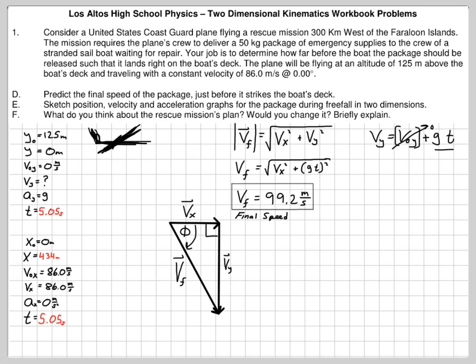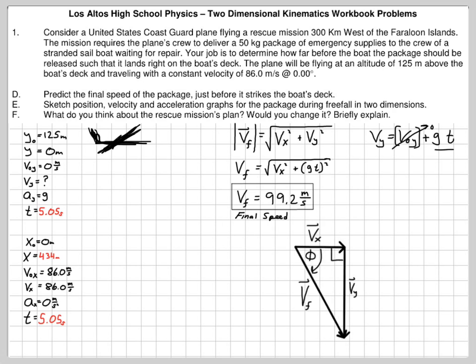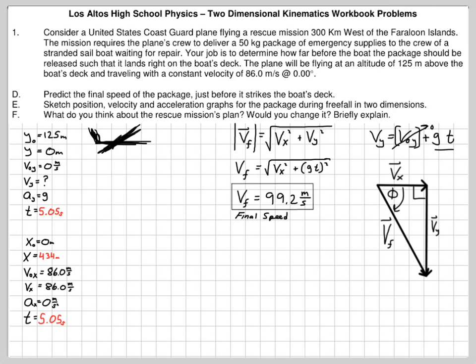Alright, so now I'm going to work on the kinematics graphs. So I'm going to move my velocity diagram over here and then start creating the kinematics graphs. So in order to sketch the position, velocity, and acceleration graphs for the package, I've got to, of course, do it in 2 dimensions, 3 graphs in the horizontal dimension and 3 graphs in the vertical dimension.